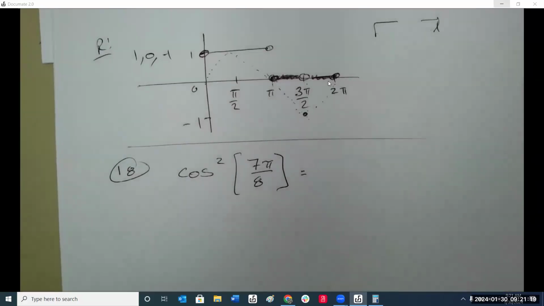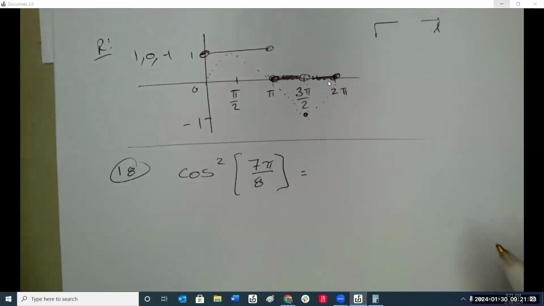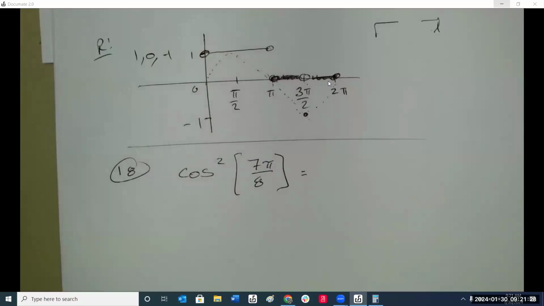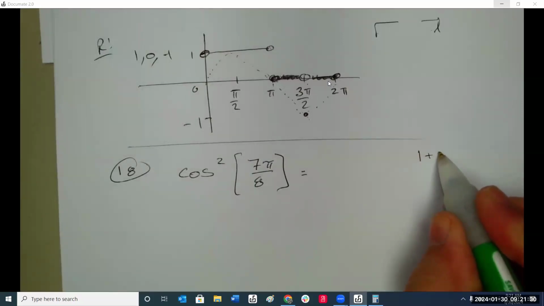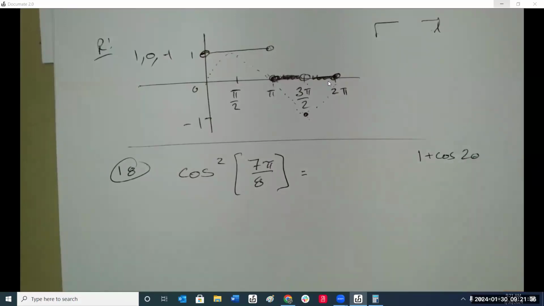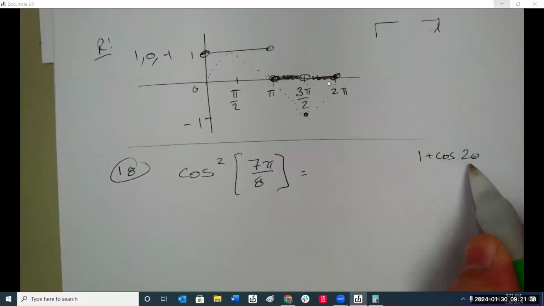So it's 1 plus cosine 2 theta over 2. On my notes, I put that 1 plus cosine 2 theta over 2 is the formula. So then the theta, you just fix it with 7 pi over 8, and then over 2 the whole thing.